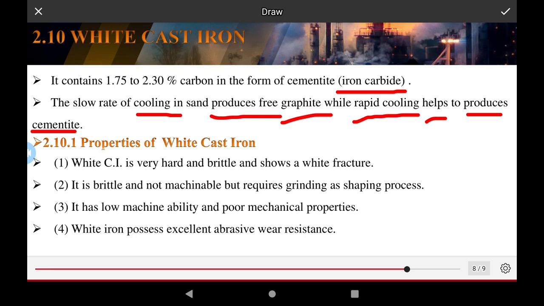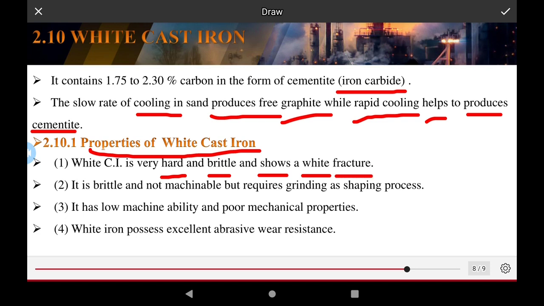Property of white cast iron. White cast iron is very hard and brittle, with a white fracture.